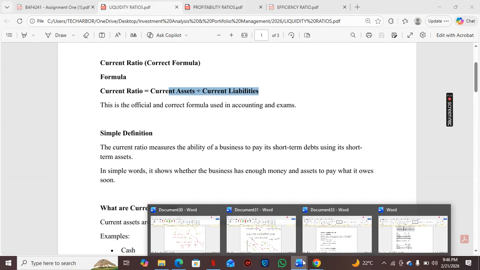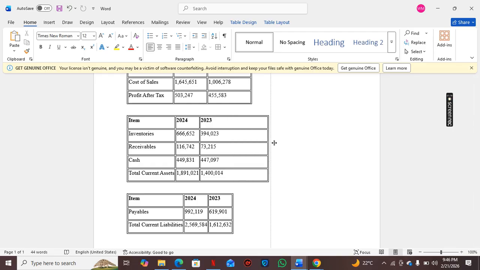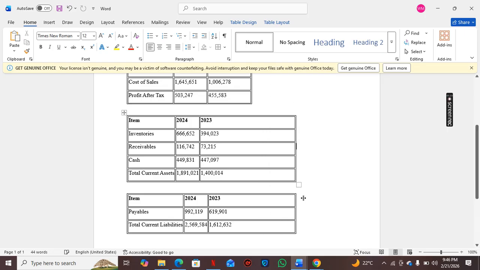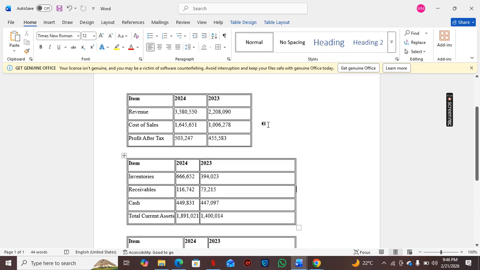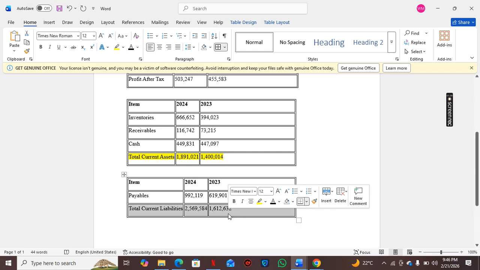So I've got an extract here from Dangote Cement's financial statement. These are in Nairas. Our current ratio is our current assets divided by our current liabilities.